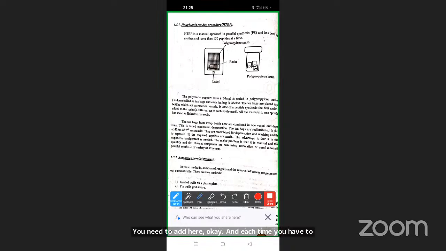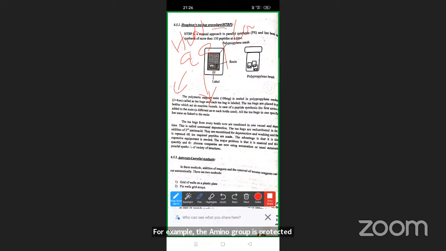Each time you have to deprotect the protecting group here. When you are adding the amino acid AA1, first you protect one end with the protecting group, so one end is protected and the other end is in free form. For example, the amino group is protected and the acid group is free.